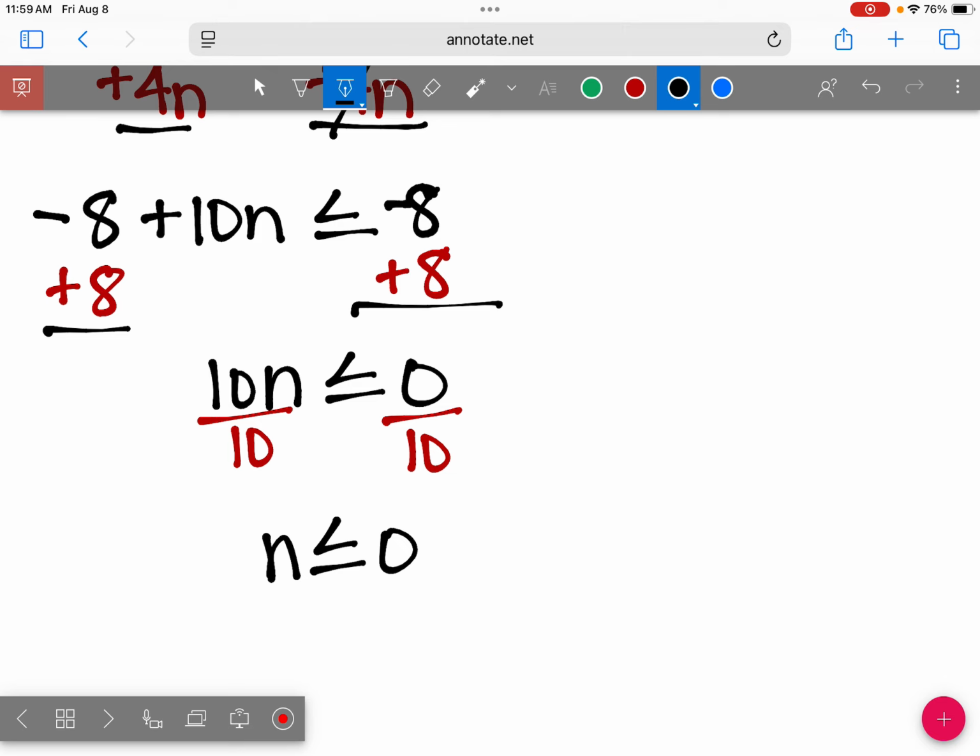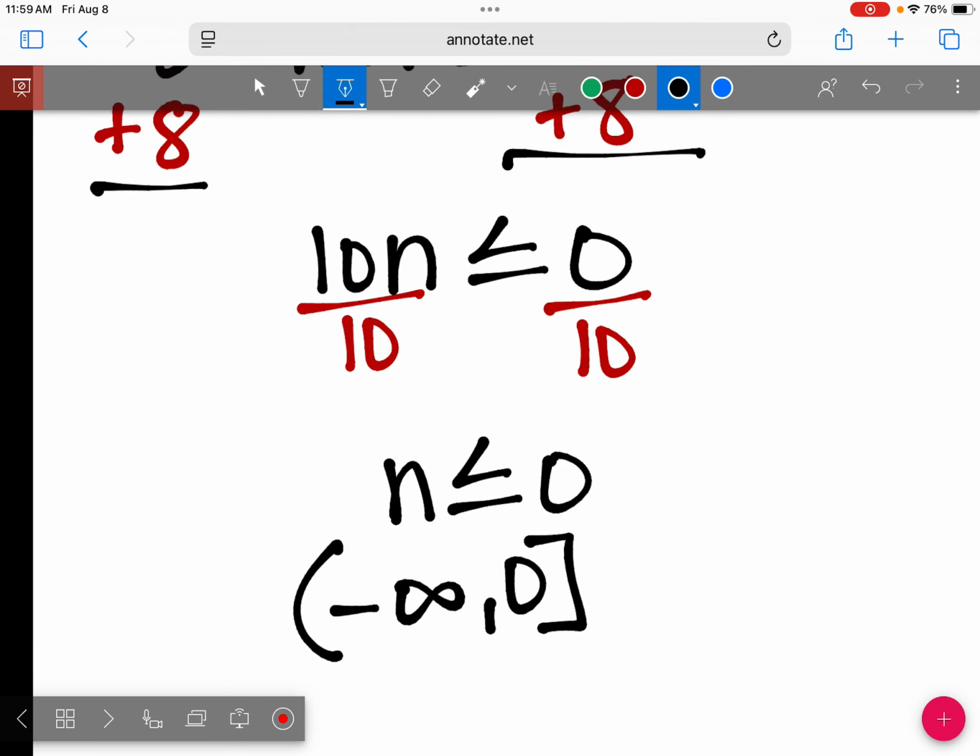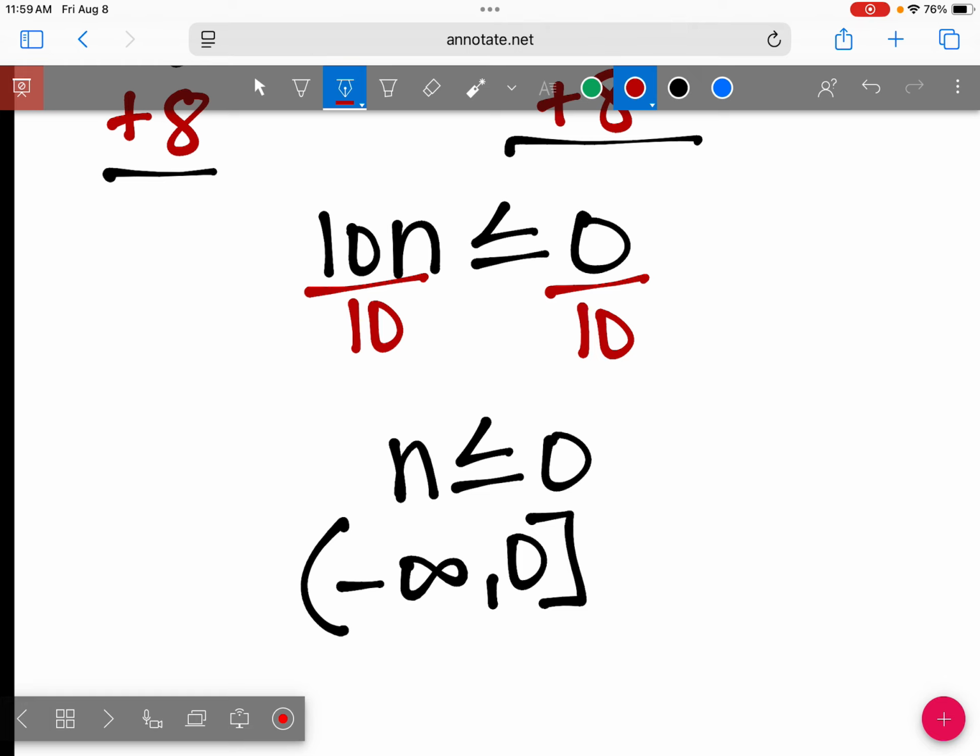So how do you write that in interval notation? Can one person raise your hand and tell me how you would write that in interval notation? N is less than or equal to 0. Cooper. Negative infinity comma 0, bracket around 0, and parenthesis around the negative infinity. You're right. Because what this means is that we're taking solutions that go this way.